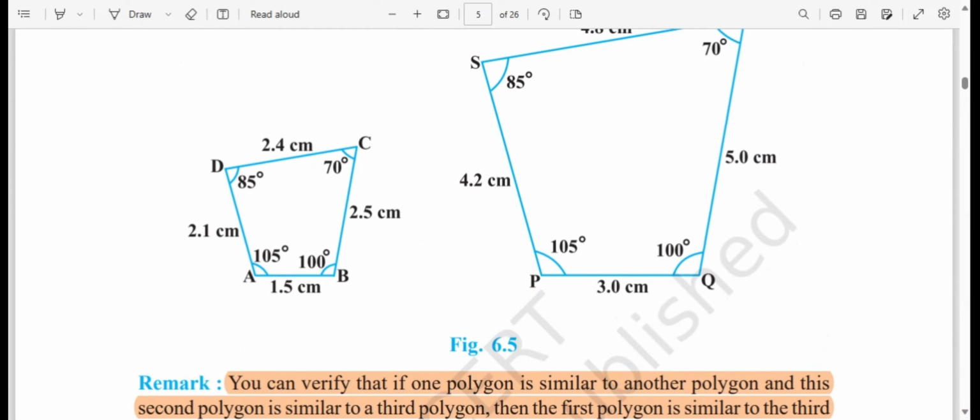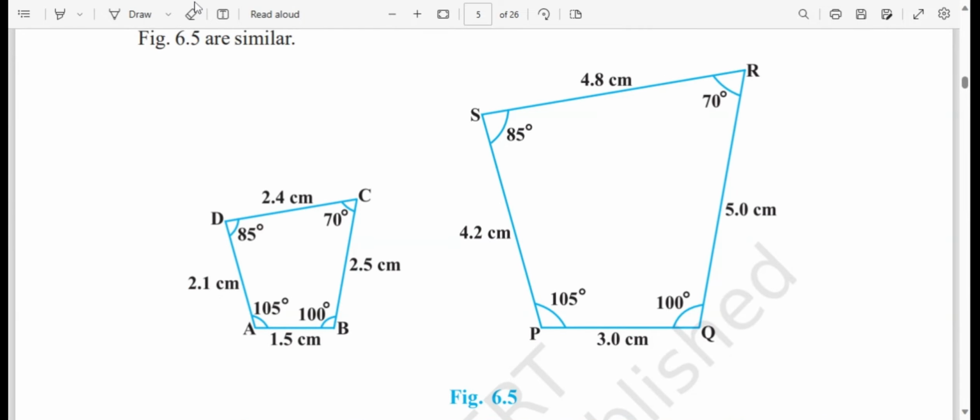One more example. With this we can get a very good idea about the proportionality, about the similarity of figures. So the angles have to be equal. If we talk about the angle, it has to be the same.